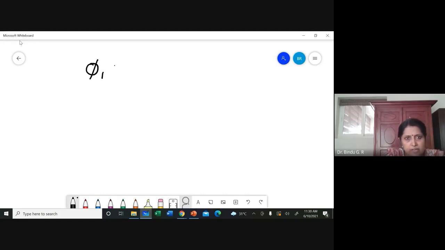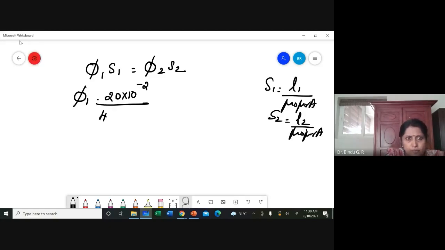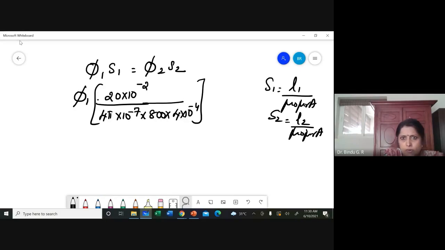Phi1 S1 is equal to Phi2 S2, which means Phi1, I do not know what is Phi1. Phi1 into 20 into 10 raised to minus 2, S1 is L1 by mu 0 mu r into A. S2 is L2 by mu 0 mu r into A. Everything is the same. 20 into 10 raised to minus 2 divided by 4 pi into 10 raised to minus 7 into 800, which was mu r, into area of cross section, which was 4 into 10 raised to minus 4, is equal to Phi2.